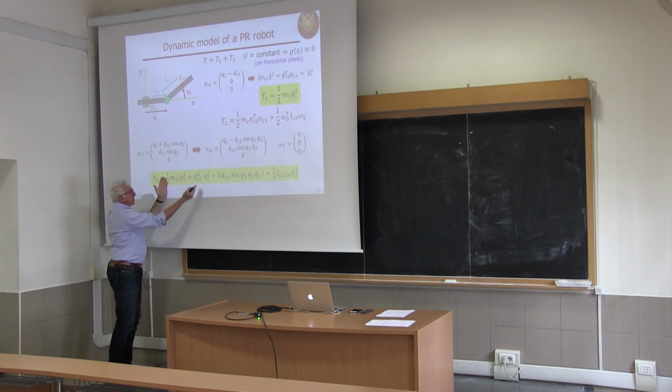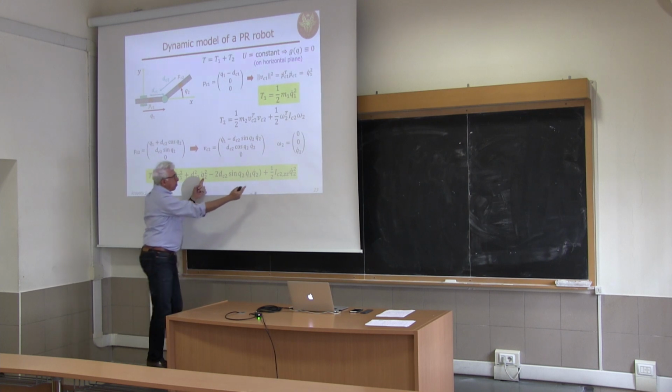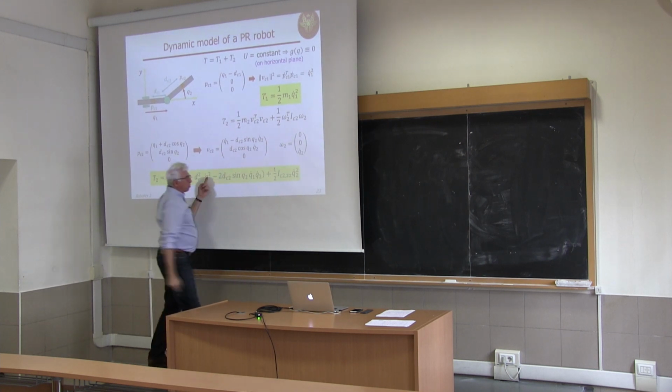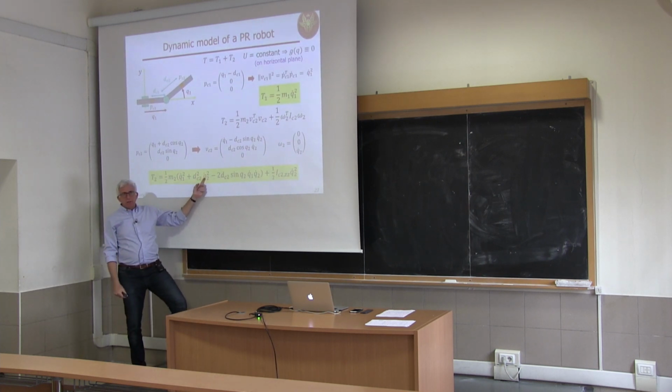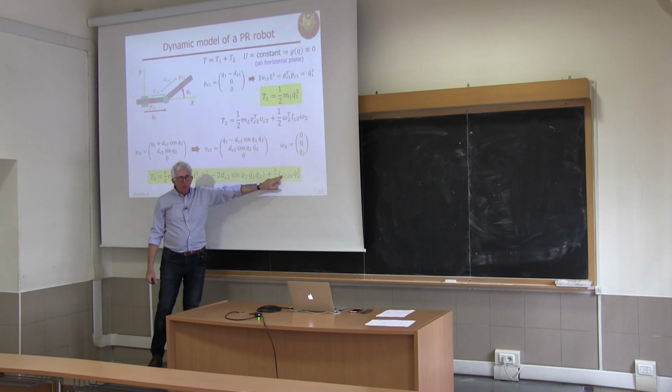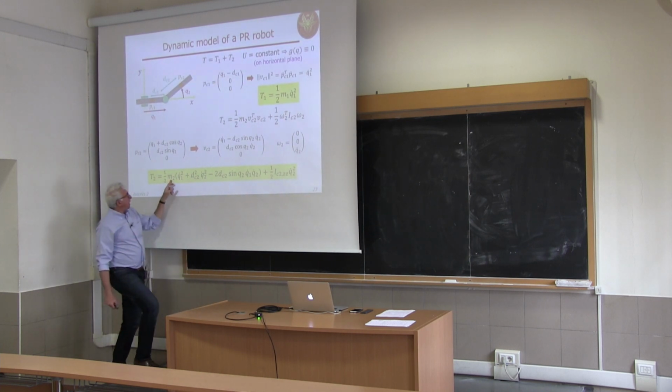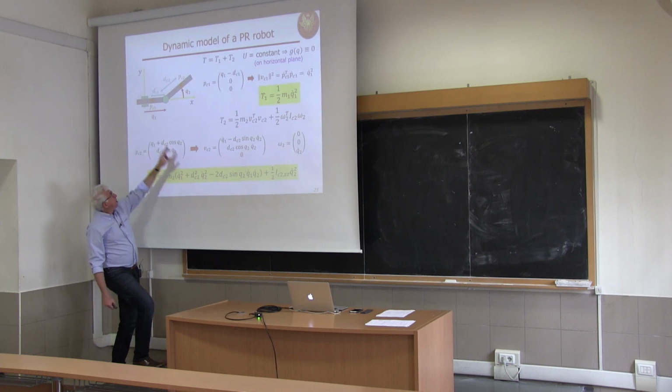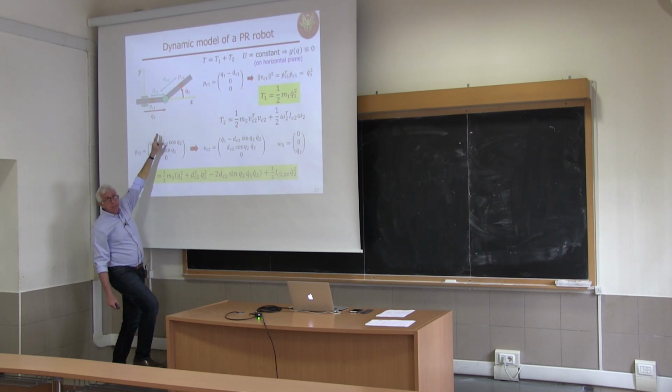When you're computing the kinetic energy of the second link, you will see that the quadratic velocity here, so the actual rotation speed times square of the second joint, will appear multiplying the inertia around the center of mass of the second link plus m2 dc2 square, which is exactly the parallel axis theorem.